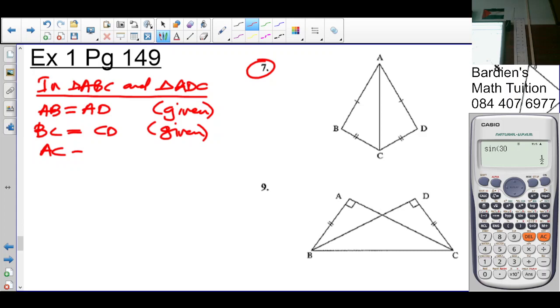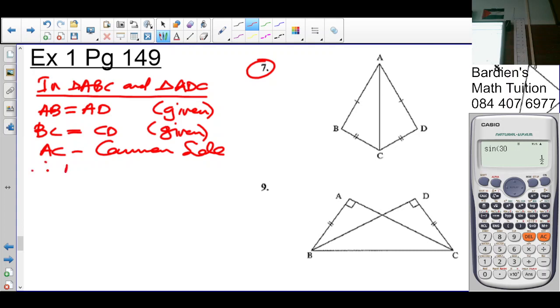What can you say about AC? AC is in both triangles, not so? Here we've got ACB and ACD. So the length AC is in both triangles, the same thing. So we say AC is a common side. So there we have three sides that are equal.